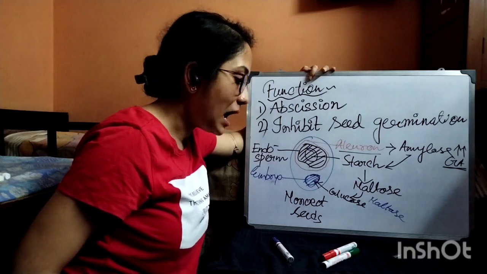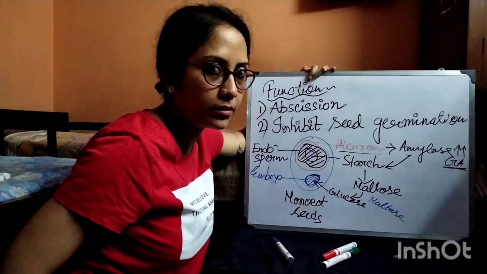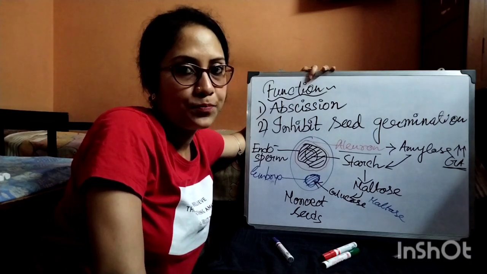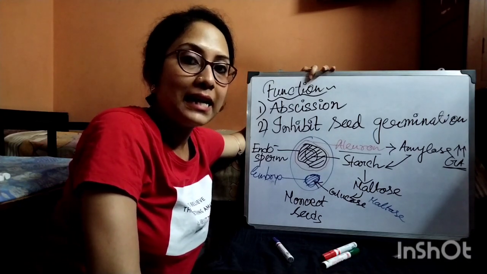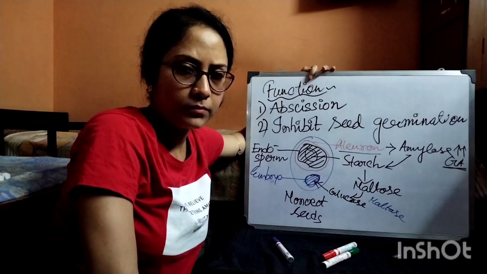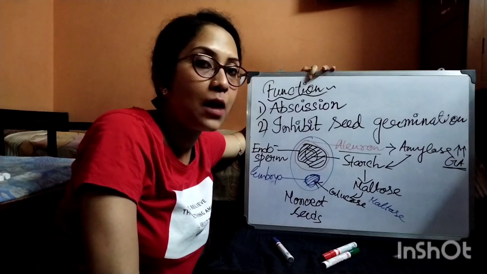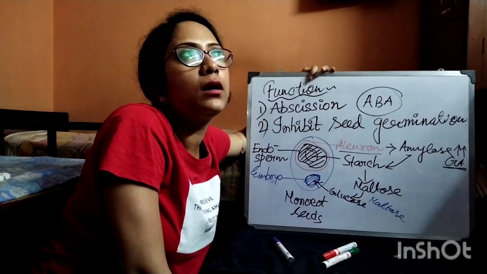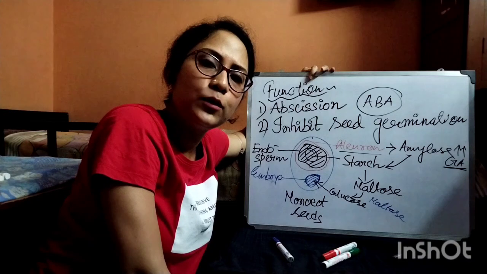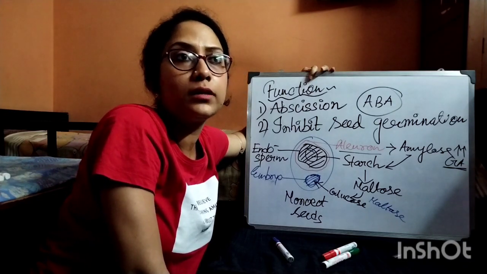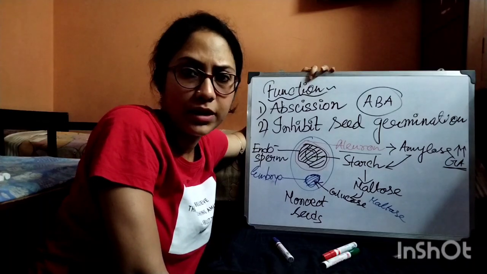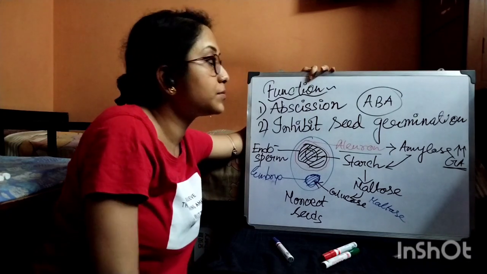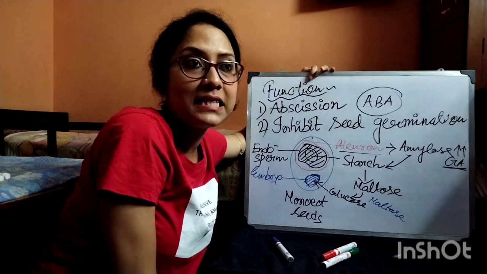Now, how is it related? I have already mentioned this in my previous lecture. The relation is that seeds are in the dormant state due to the presence of an excessive amount of abscisic acid hormone. You can relate this to day-to-day life: when it is not the season of any vegetable or fruit, you may recall the terms cryopreservation or seed bank.